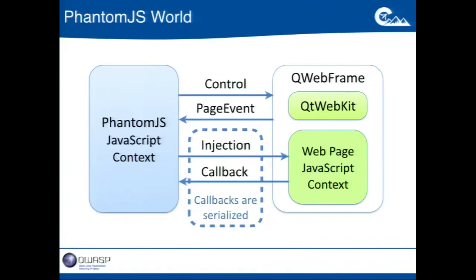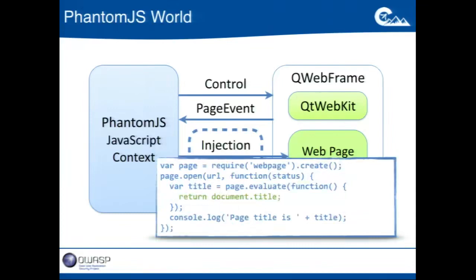A simple code to use Phantom.js will look like this. It's something like Node.js require. You require the module webpage, then you call create on it, and you create a page that is running WebKit inside it. Then you open a URL on the page.